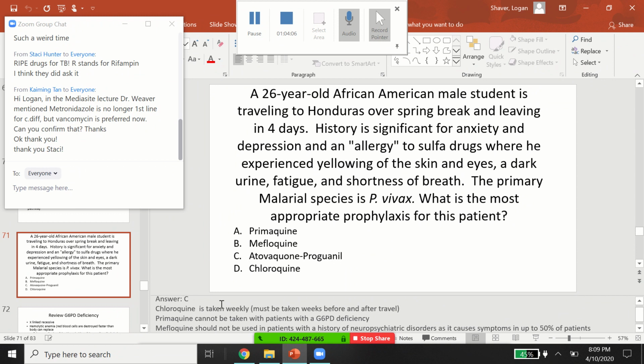Primaquine, okay, you were thinking maybe that one, but it can't be taken in people with G6PD deficiency. And where you get that G6PD deficiency from is the yellowing of the skin and eyes, the dark urine, fatigue, and shortness of breath. So that's where that comes in terms of the stem.